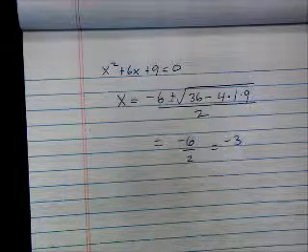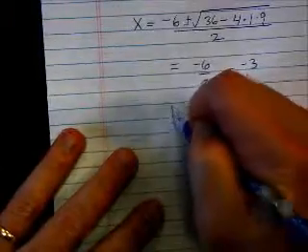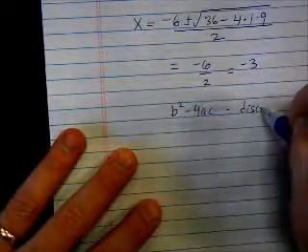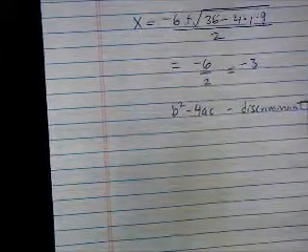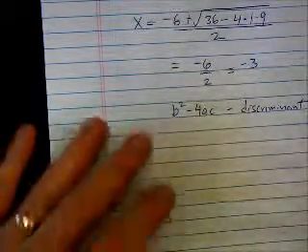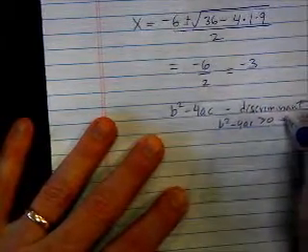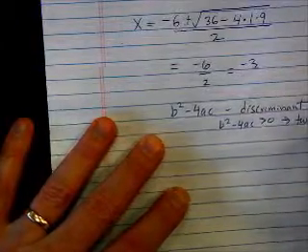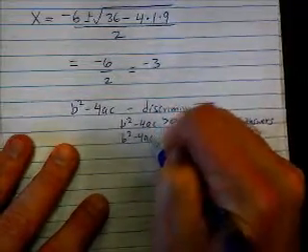All right, so this thing, b squared minus 4ac, this is called the discriminant. And it tells you a lot about the answers. If b squared minus 4ac is positive, you get 2 real answers. And then we saw that if b squared minus 4ac is negative, you get 2 complex answers.